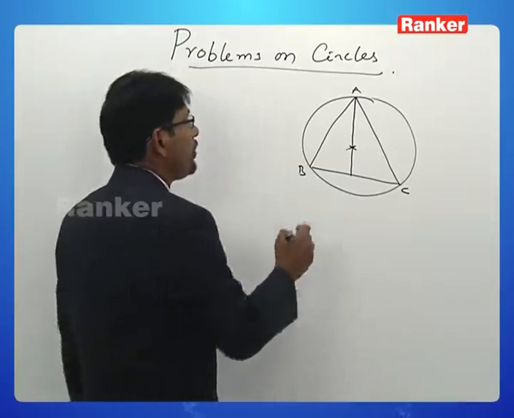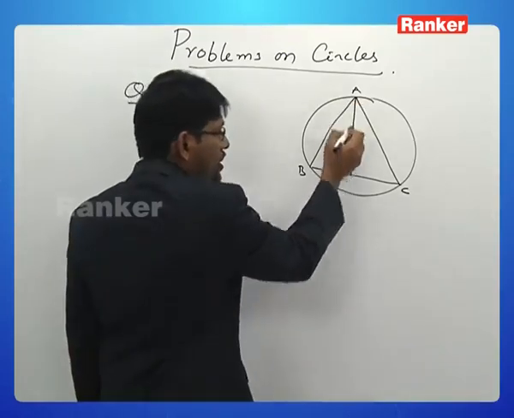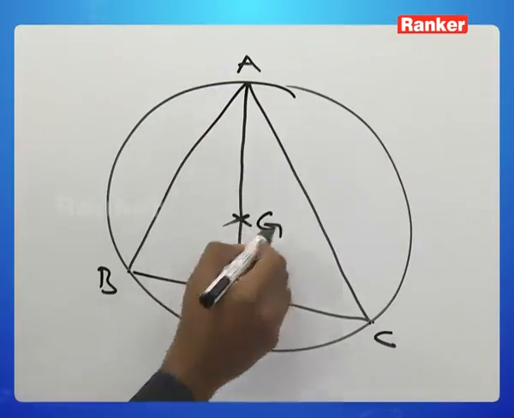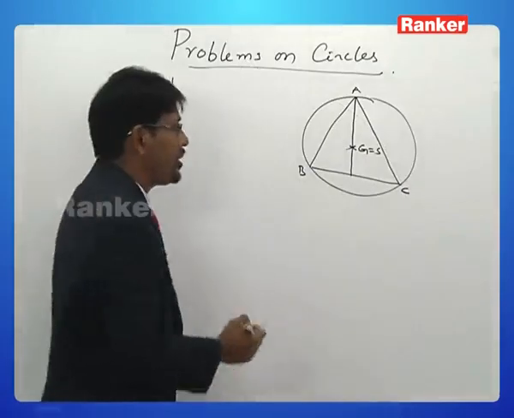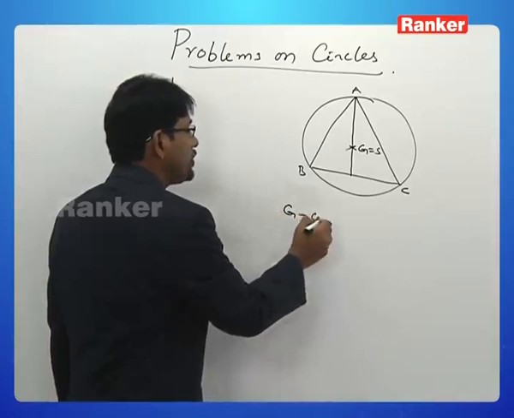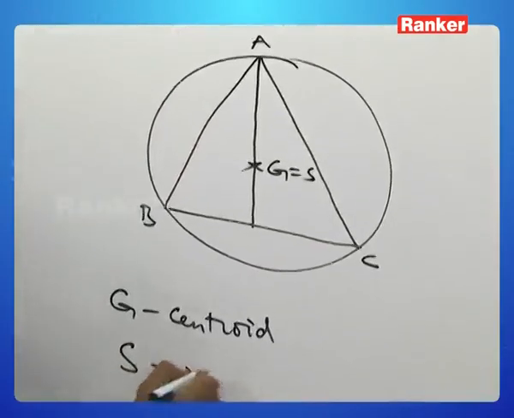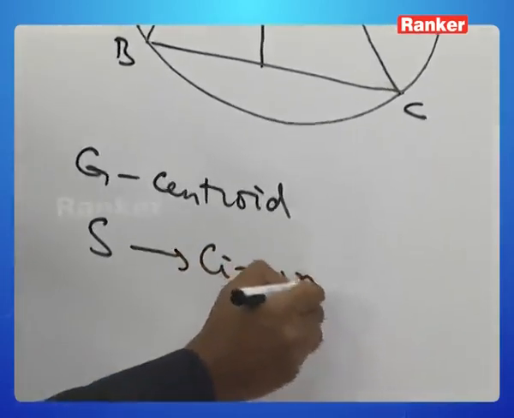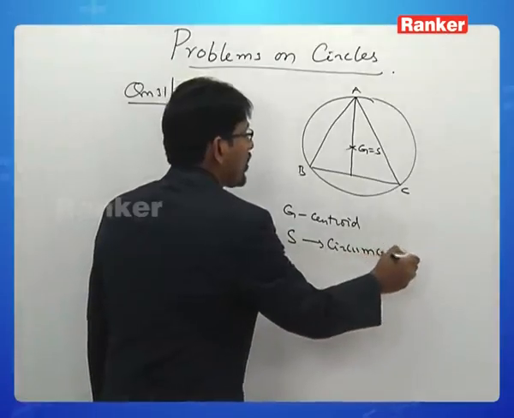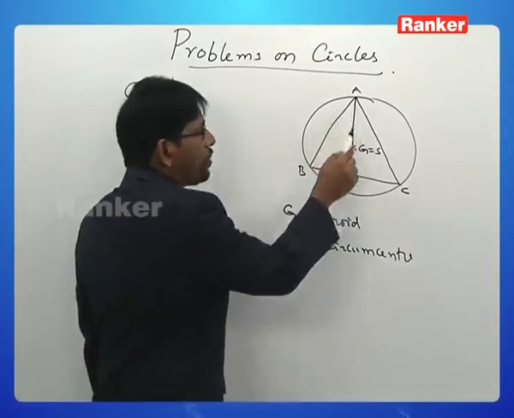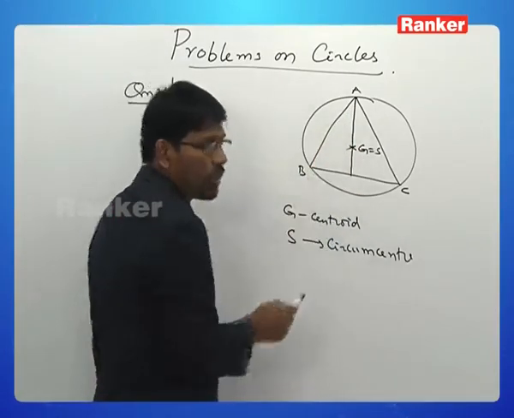Now this median is divided by the centroid, which is also the circumcenter. G is the notation for centroid and S is the notation for circumcenter. We know that in a triangle the median is divided by the centroid in the ratio 2:1.